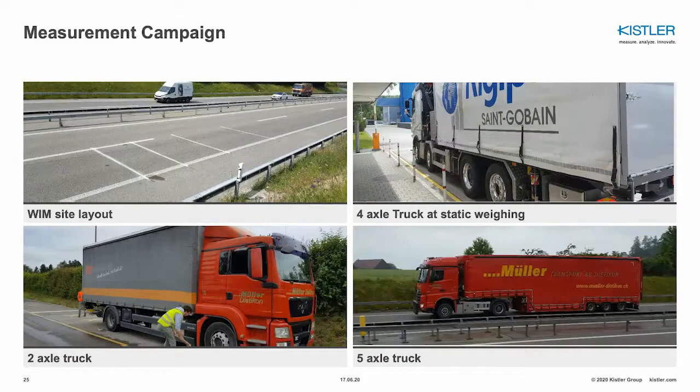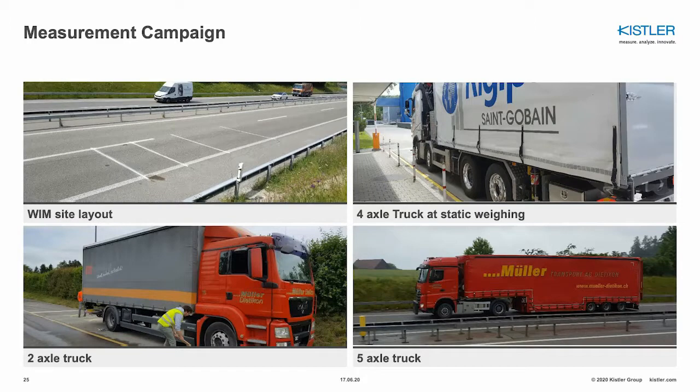After installation and a certain period of successful operation under real traffic conditions, we conducted a first measurement campaign at this site. Again, a few pictures giving an impression of what happened there. On top left, again, the sensor layout and the site where the measurements were conducted.